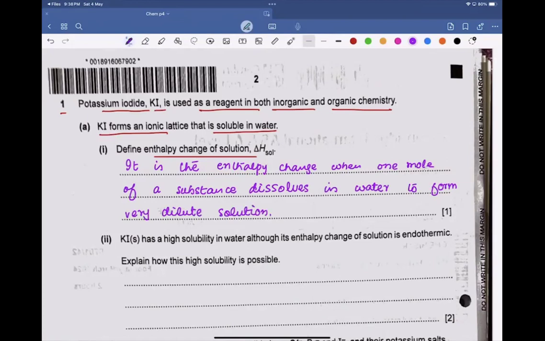Yeah, you can write ionic solid as well, but substance would be more appropriate, or you can write the term solute as well. Ionic solid, substance, solute. You can write anyone over here.